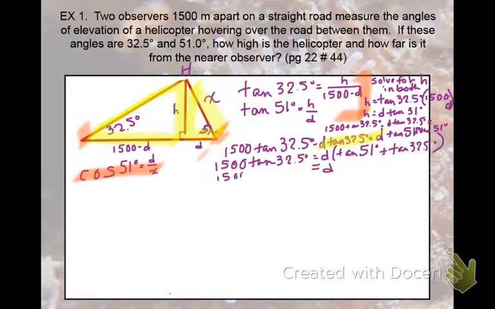And so we get an expression solved for d, which is a little bit complicated, but we haven't used the calculator to come up with an approximation. We'll just keep it exact.